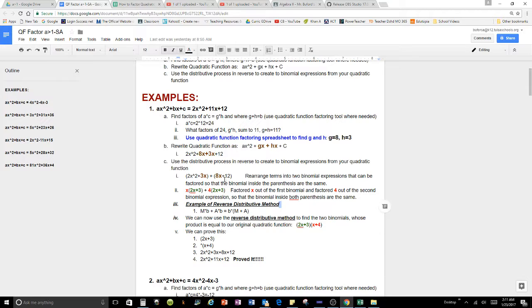And so when you initially try this, you might have decided to say, let me put the 3x with 12 and let me put the 8x with the 2x squared. And what would have happened is you would have tried to pull out something from both of these, and what was remaining would not be the same.